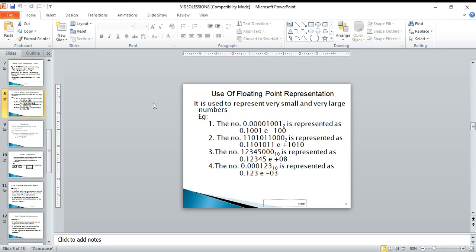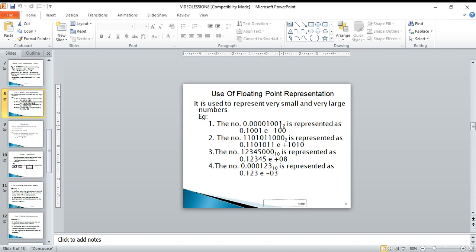See this one, that is the example for the decimal floating point representation. This is the binary floating point representation. Take this number: 0.00001001.